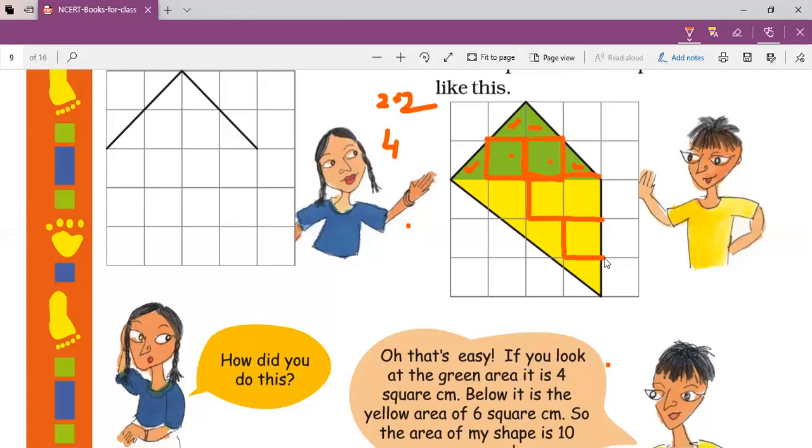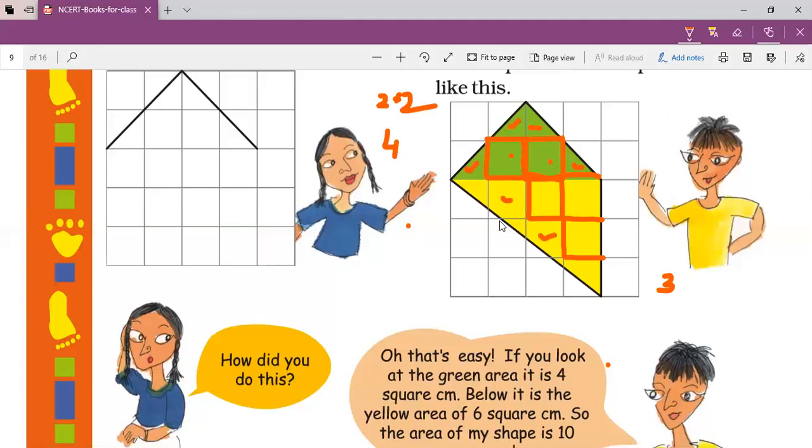Yes, this is completed. So how many completed squares did we get? 3. We got 3 completed squares. Now, more than half. Let's see more than half. This is more than half and this is more than half.